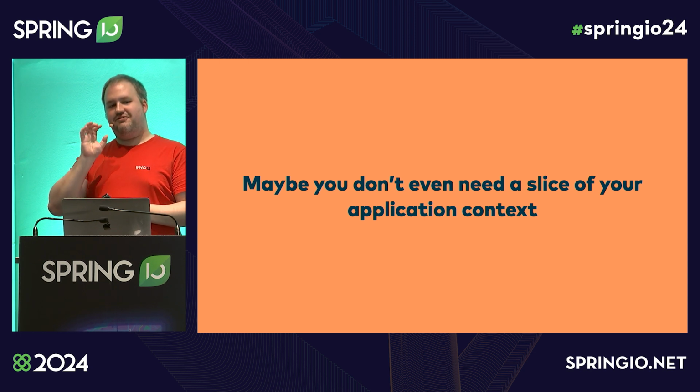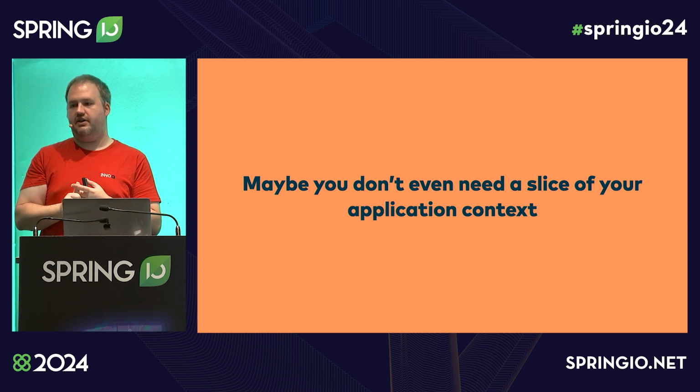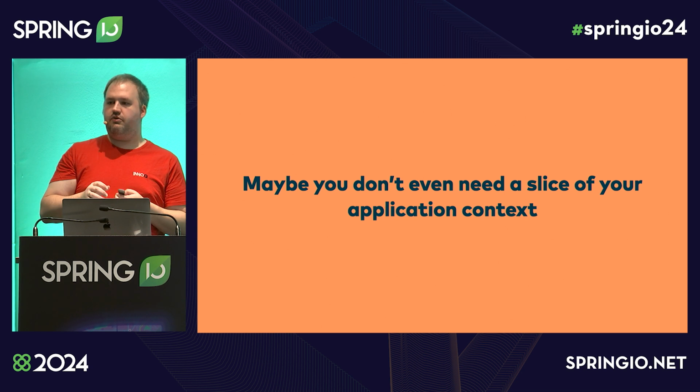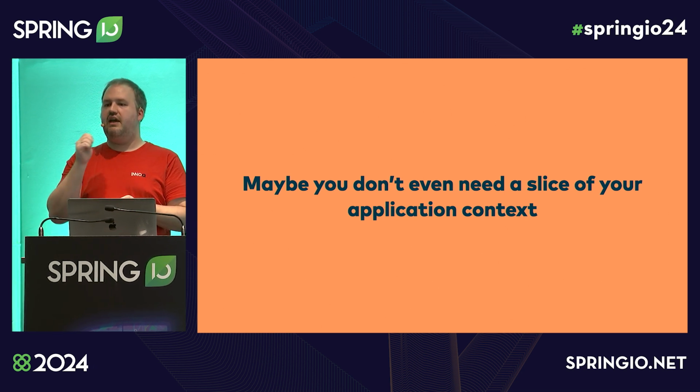But even before adding those annotations, maybe take a step back and think, do I even need a slice of my application context? Especially for most of the business-related stuff, you maybe don't need any help from Spring. You don't need dependency injection because you can inject your own objects. For testing business logic, in my opinion, it's the best idea to just use plain unit tests.